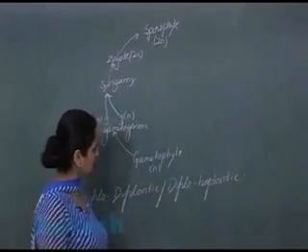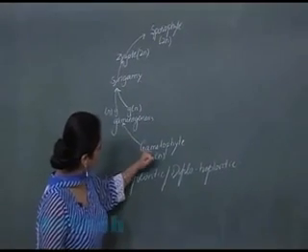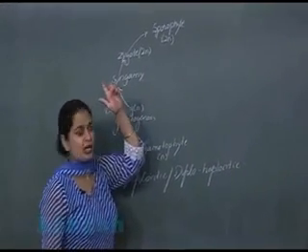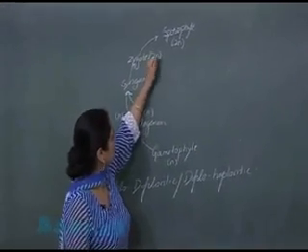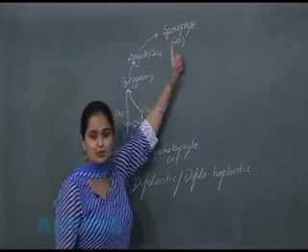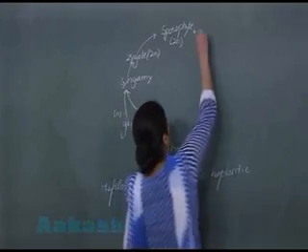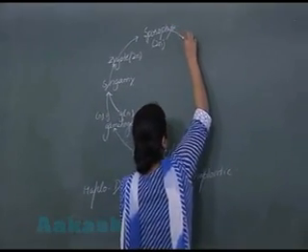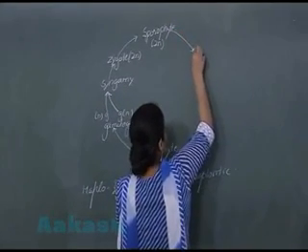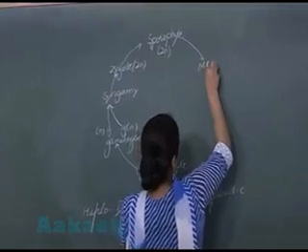So you can see here the presence of the multicellular gametophytic phase as well as the zygote forming the multicellular sporophytic phase. Now this sporophyte, at the time of spore formation, will show meiosis.